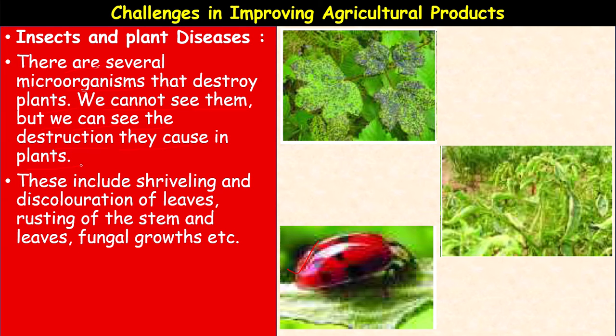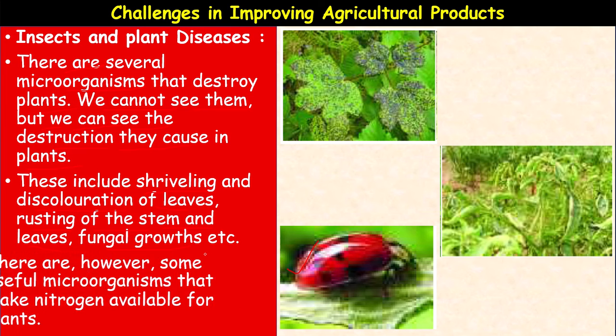So, these include shriveling. Shriveling means the folding of the leaves and discoloration of leaves. As the healthy leaf is green in color, discoloration of the leaf is an indication of attack of some pests.